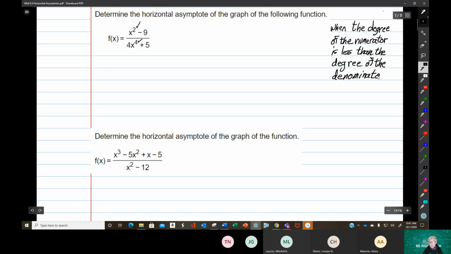And that's certainly true here. 2 is less than 4. Okay?